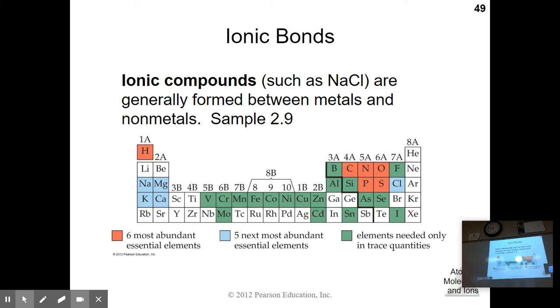Metals, which will become positive. So the left side has a positive charge. Sodium's a metal. Where's chlorine? On the right side. So not positive, it's negative.